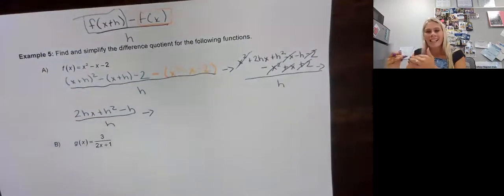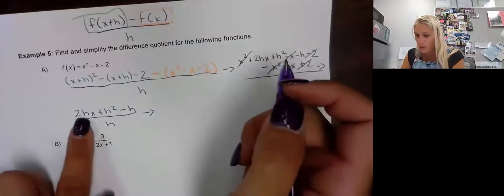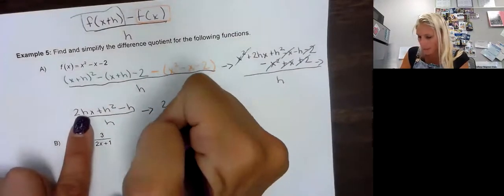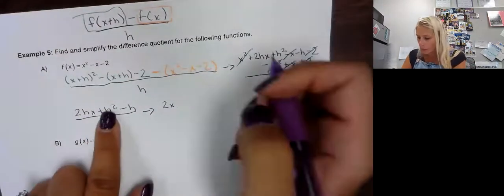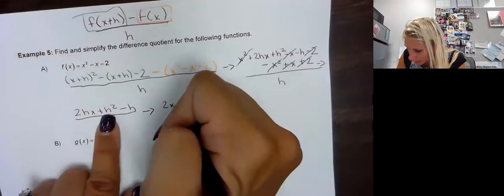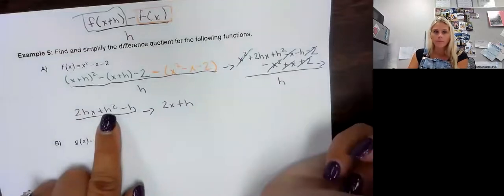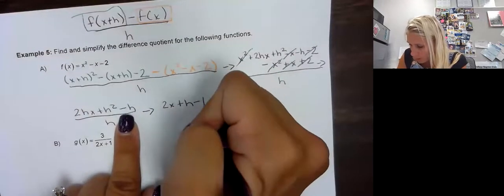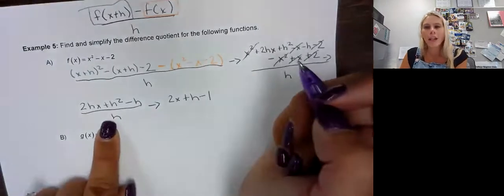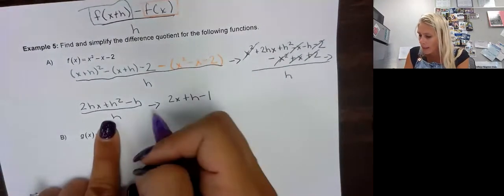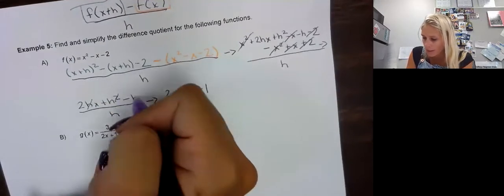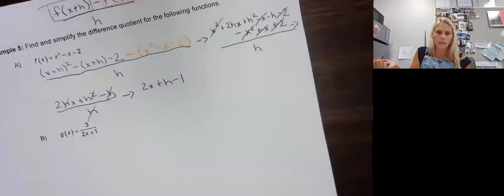So I'm going to divide every term by h. 2hx divided by h is 2x. h squared divided by h is h. Negative h divided by h is negative 1. h divided by h is 1, so that's why it cancels. If you can see, guys, I can cancel 1 out from each of these.